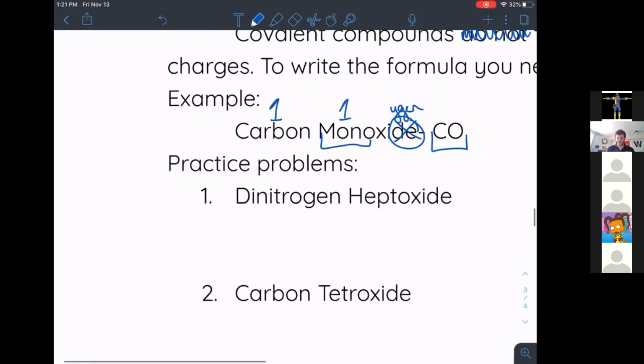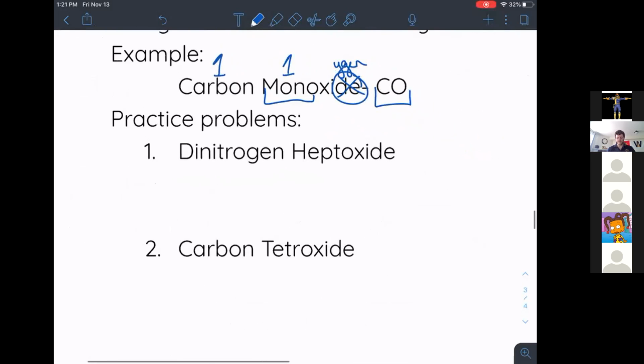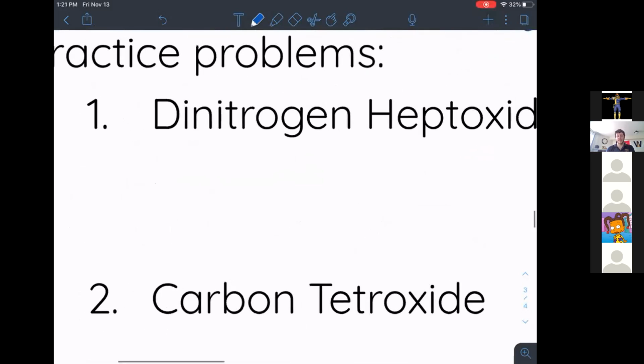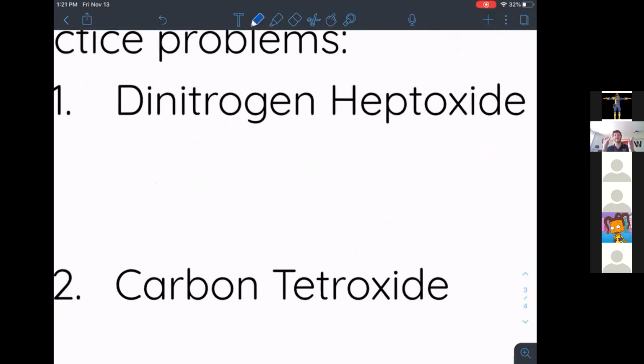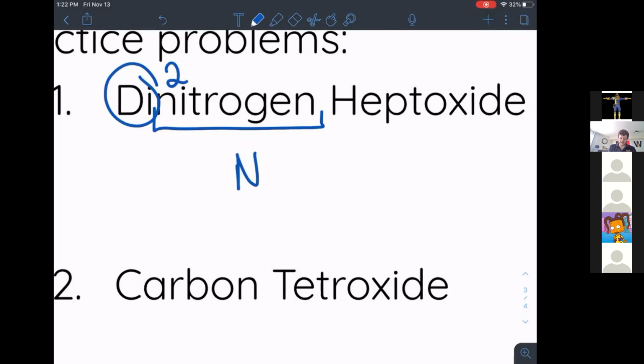So let's go through a practice problem or two together. So let's look at our element. The first word, what is the element from that first word? Nitrogen. Perfect. And nitrogen is N. This prefix in front of that first word means how many of them do we have? We have 2. Perfect. So that 2 becomes our subscript down here.